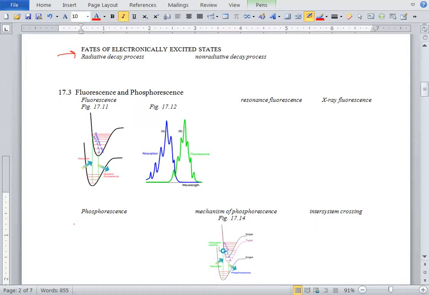Non-radiative decay makes sense, because the energy is going down. If it's a radiative process, it means that this excited molecule emits light to get to the ground state. Non-radiative, it doesn't emit light, but somehow it still ends up at the ground state.